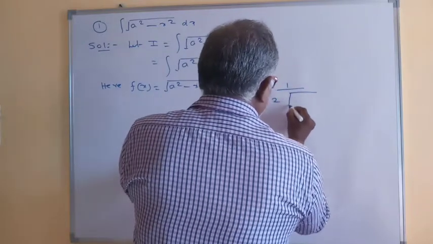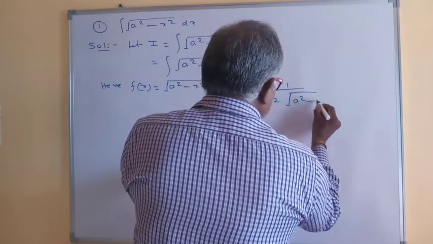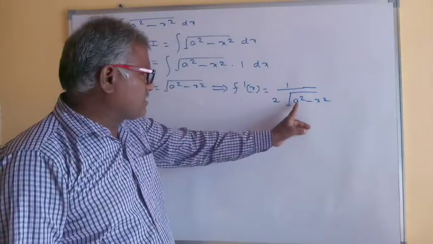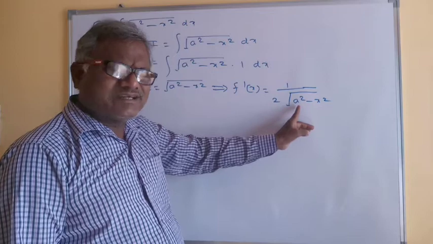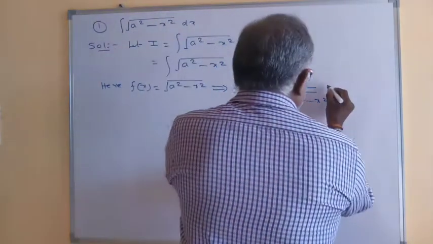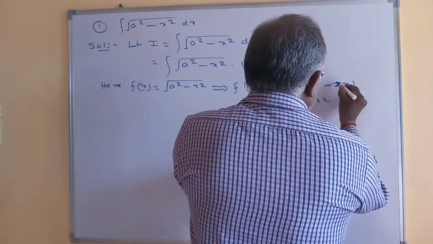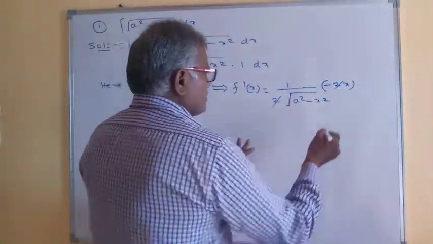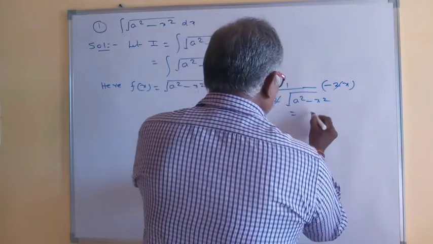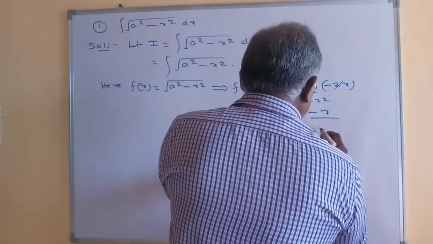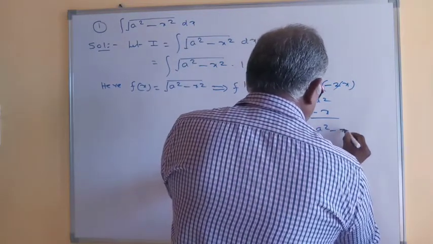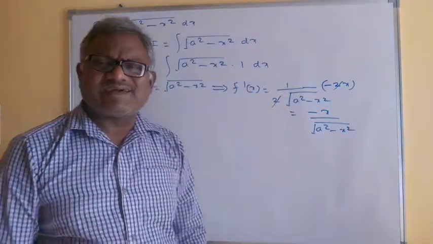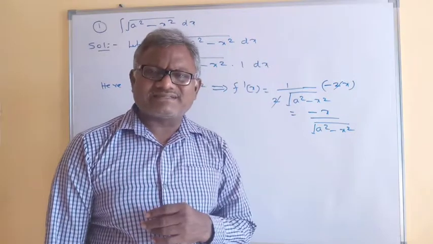Also a square derivative is 0, minus x square derivative is minus 2x. So the 2 gets cancelled, and finally we obtain minus x by square root of a square minus x square.